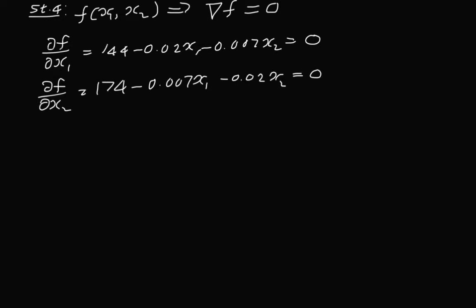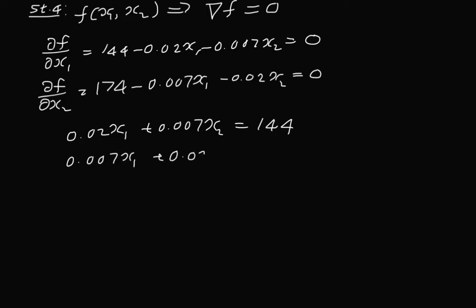So we have two equations: 0.02 x1 plus 0.007 x2 equals 144, then 0.007 x1 plus 0.02 x2 equals 174. We have two equations to solve for x1 and x2.